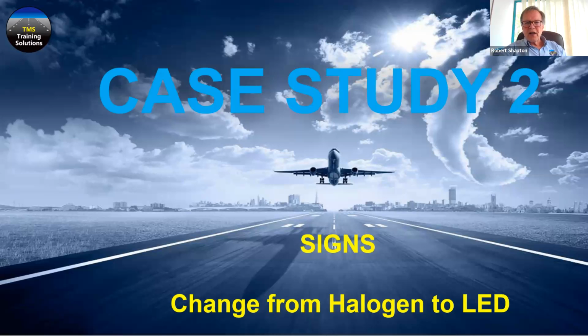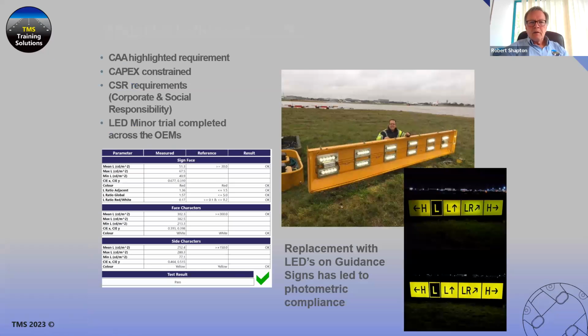Looking now at signs. In this case, the CAA had identified non-compliant signage as an issue at this airport, again Stansted, and Marcus Jelliman, you can see posing in the center there for us. Again, CapEx is constrained, but this project was justified on corporate and social responsibility.